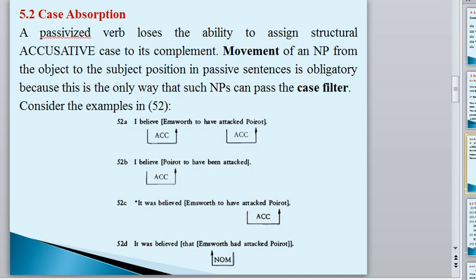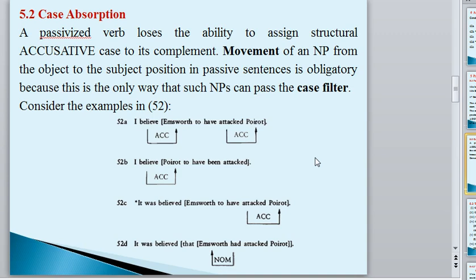So what can we say about the case system in passive sentences? A passivized verb, like in the previous examples, loses the ability to assign structural accusative case to its complement. So the passive verb cannot assign accusative case to its complement.